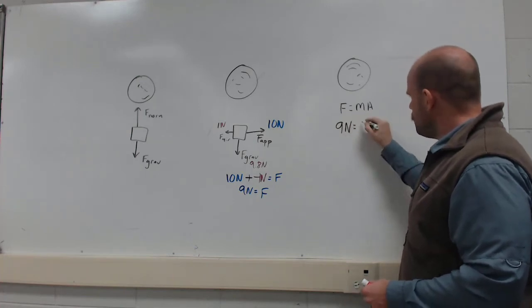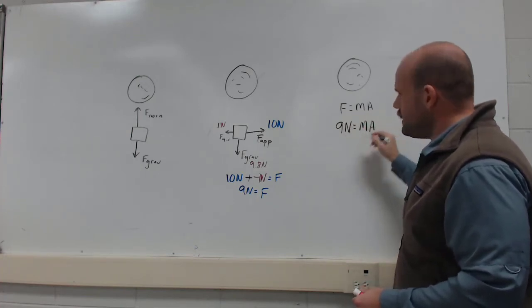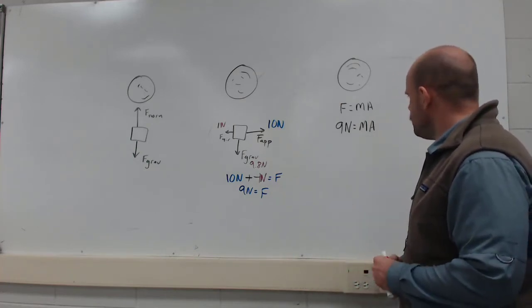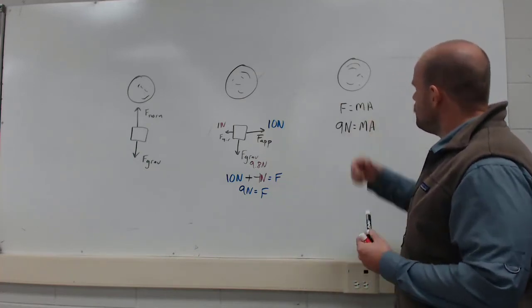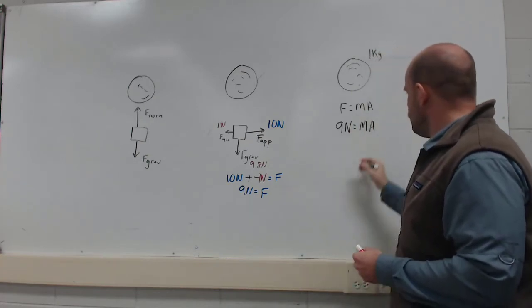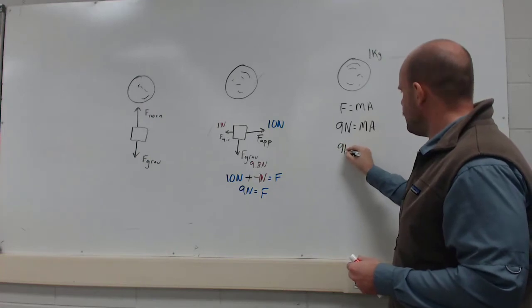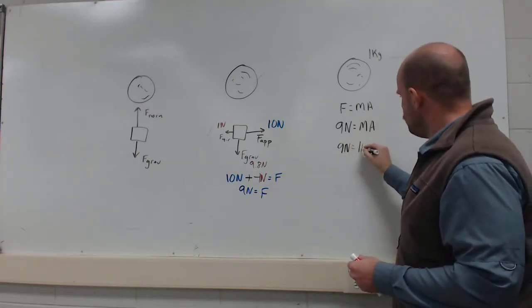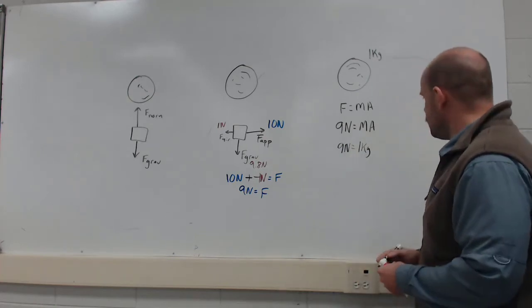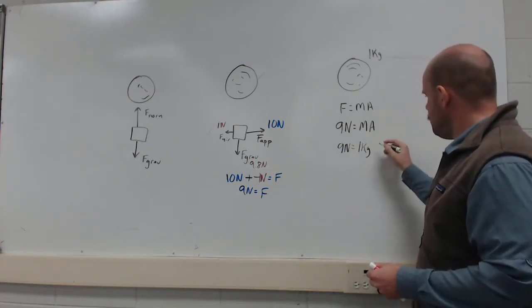Now we still need a couple more pieces of information, but we had a lot of steps to understand how to find the force using that free body diagram. So let's say that the rock has a mass of 1 kilogram. I can plug that in for the mass, and I've got 9 newtons. And I know it's 9 newtons applied to a 1 kilogram rock, which is a pretty good sized rock. Not going to be very fun if it hits anybody.